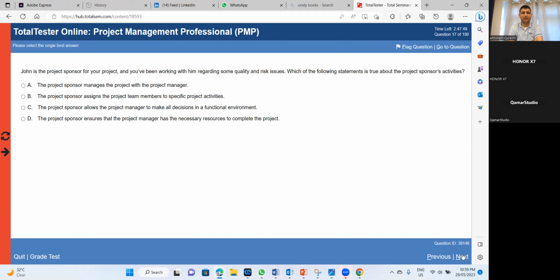So it's going against the structure. No, what is the structure of the organization then? Even if it is functional, the PM will not be making the decisions, right?